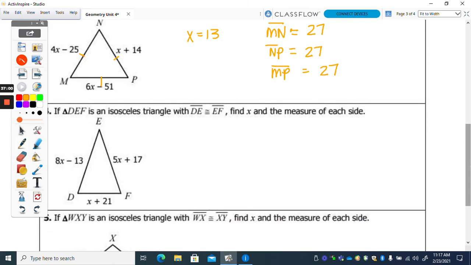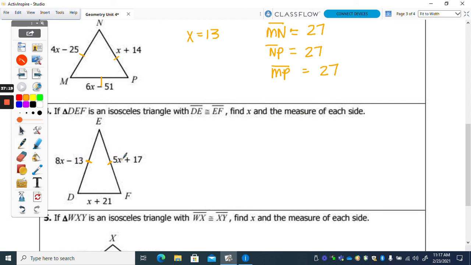If triangle DEF is an isosceles triangle, with DE congruent to EF, that means this side is congruent to this side. Find x and the measure of each side.